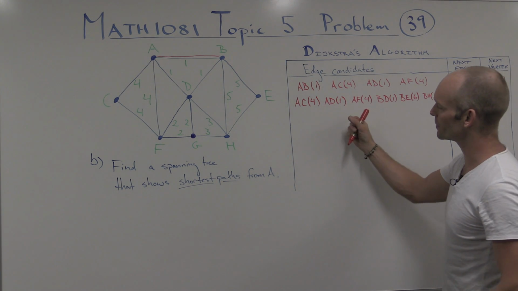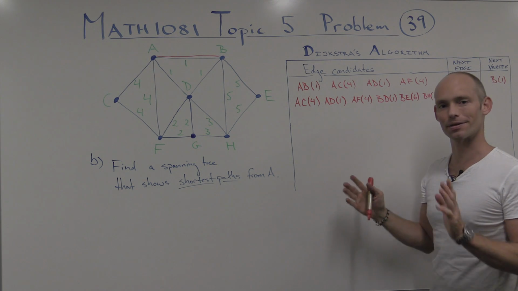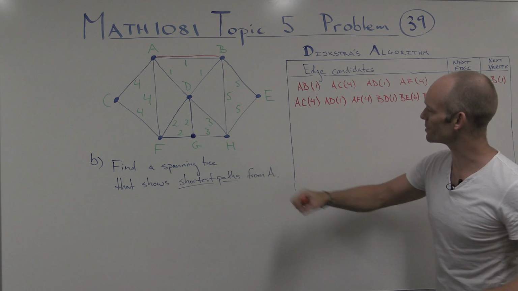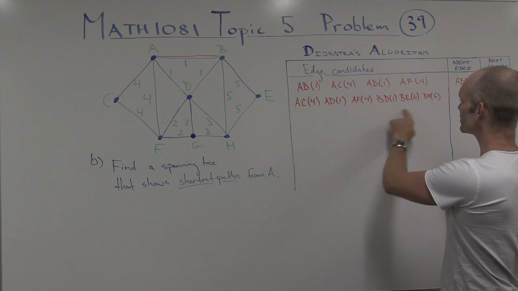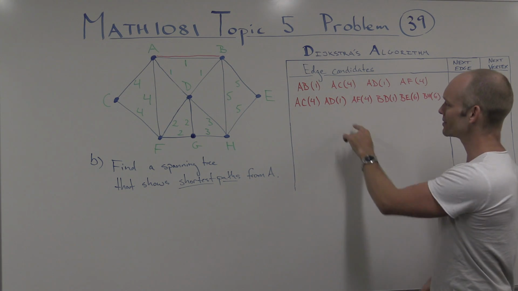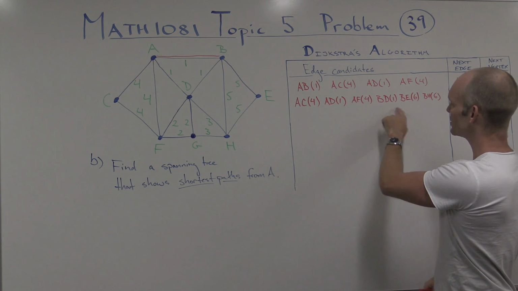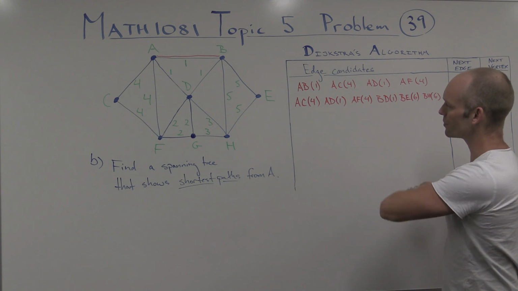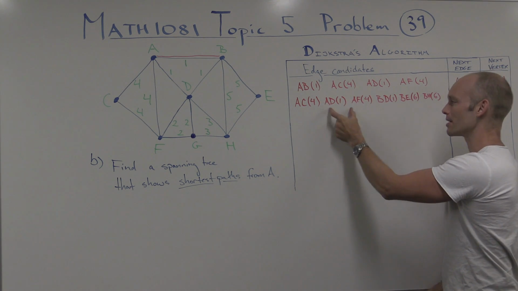So that's what these numbers are. They're not edge weights anymore, they're path lengths. We're trying to find minimal paths or shortest paths. So among these numbers, we want to try to find the smallest numbers. So AD and BD, they both give paths of length 1, so we can choose either of those. Let's just choose AD.